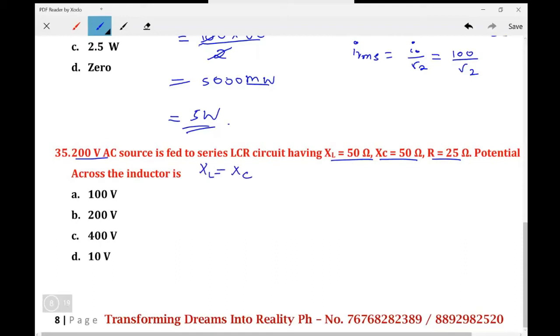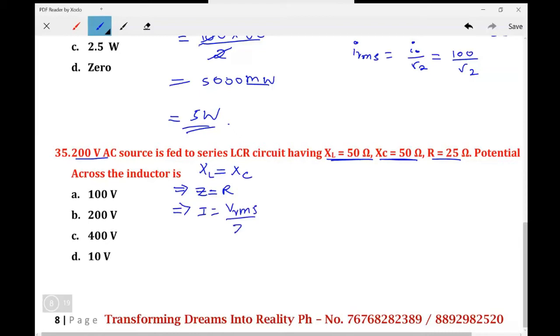Correct? 50 ohms, 50 ohms. Done. Which implies that impedance is equal to R. How? I explained just now. I told you to remember the final answers. So XL is equal to XC, therefore impedance is equal to R, which means I is equal to VRMS by Z.